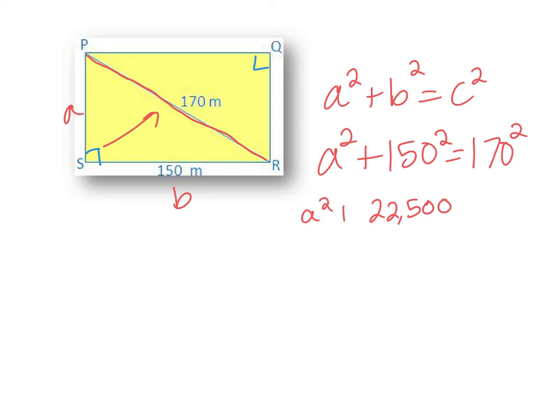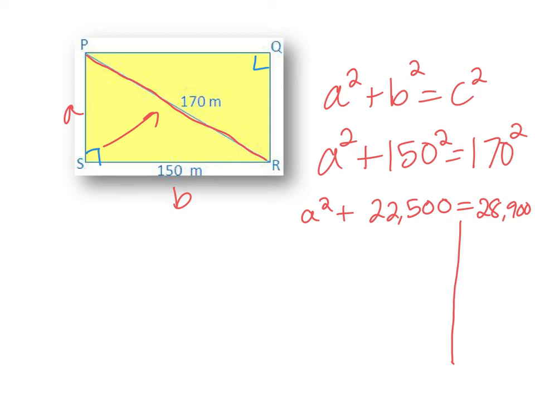So I have A squared plus 22,500 equals 170 times 170, which is 28,900. Luckily we get to use our calculator, so it's okay.